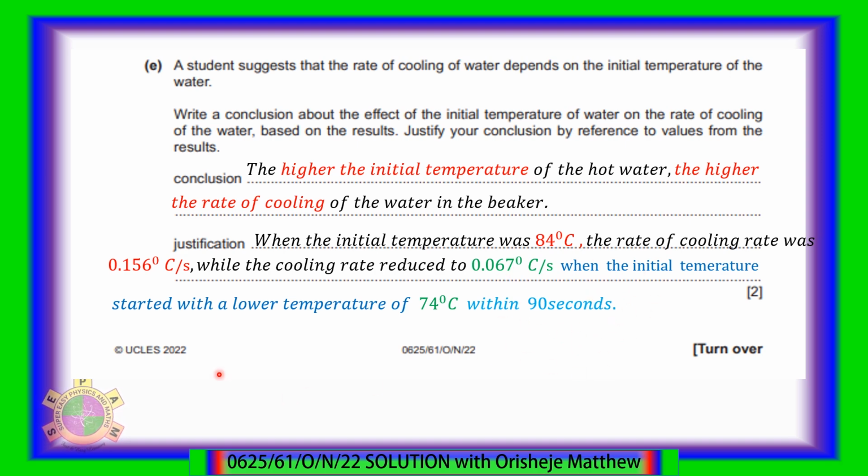The rate of cooling for the hot water at 84 degrees is 0.156 per second, while for the warm water that started with 74 degrees, the rate of cooling is 0.06. So that is a reference here. The rate of cooling is lower for the warm water, while for the hotter water the rate of cooling is higher. So the temperature drops faster.